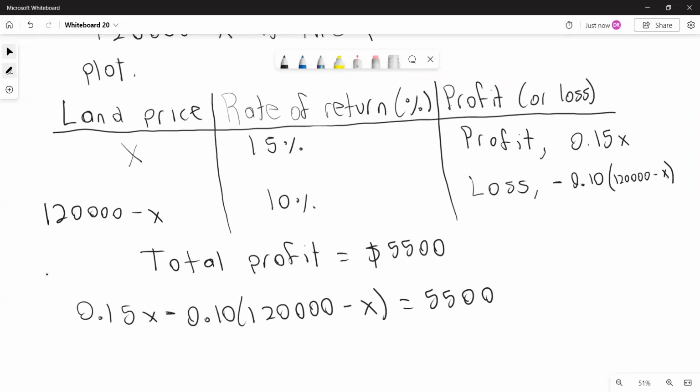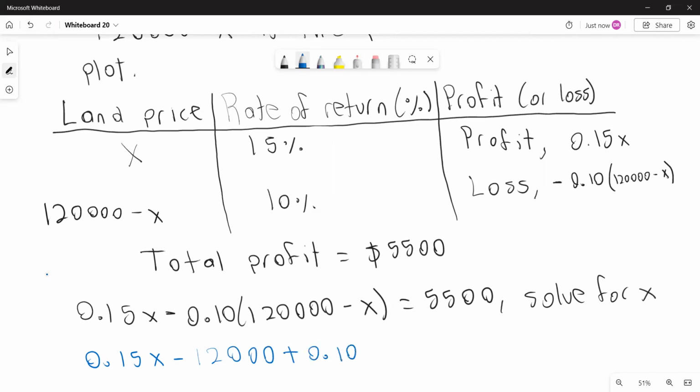We are going to solve this for X. So that's going to be 0.15x minus 12,000 plus 0.10x.